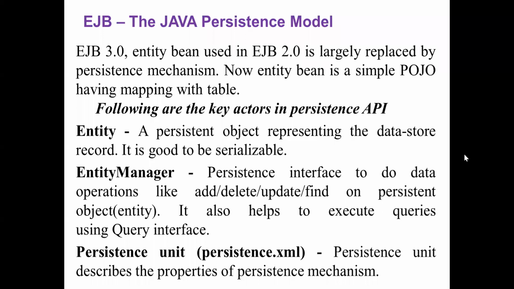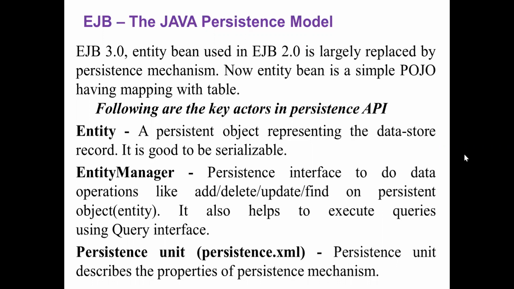So we have to replace EJB 3.0 with 2.0 to work with our persistency model mechanism. In EJB 2.0, we use a very simple plain old Java object.